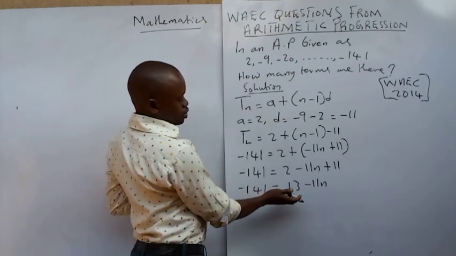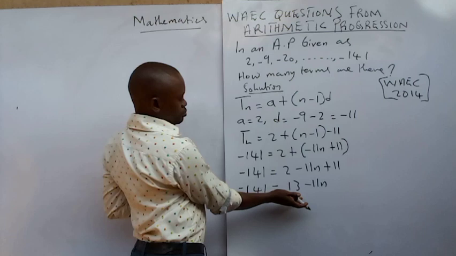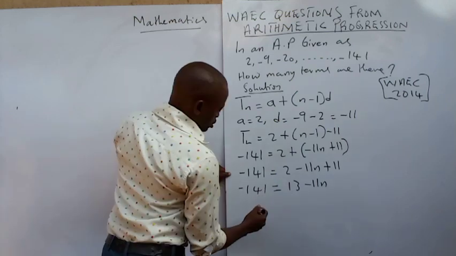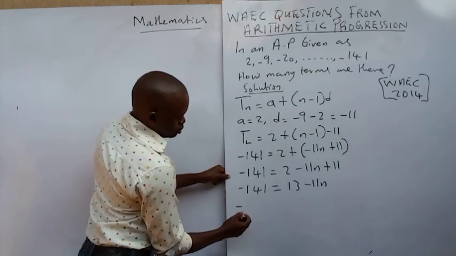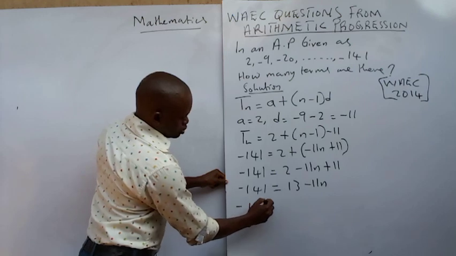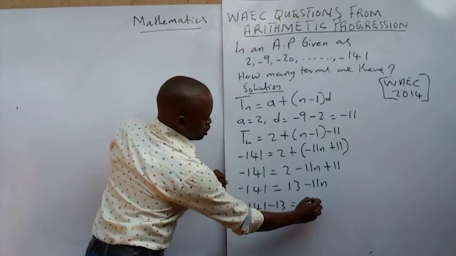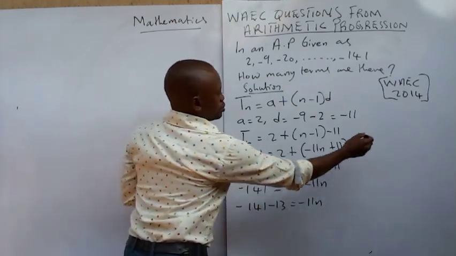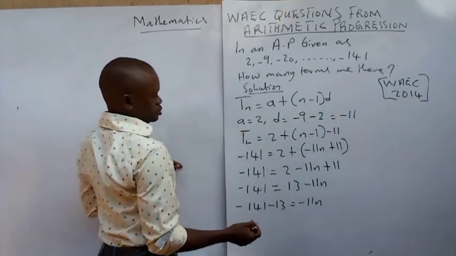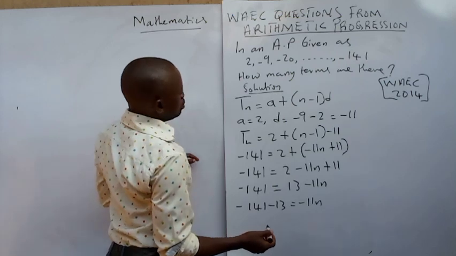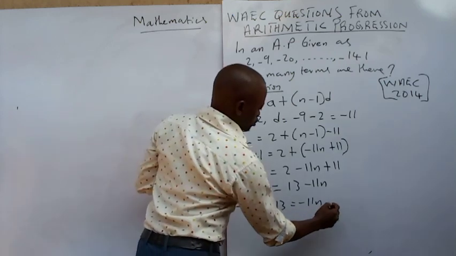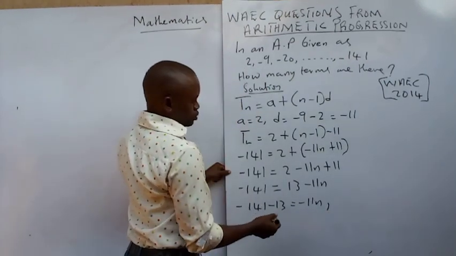So collecting the like terms now, this 13 will come over here, and we are going to have minus 141 minus 13 equals minus 11n. Let me come over here and complete it.